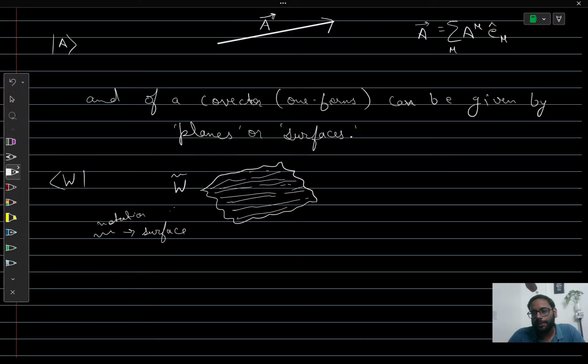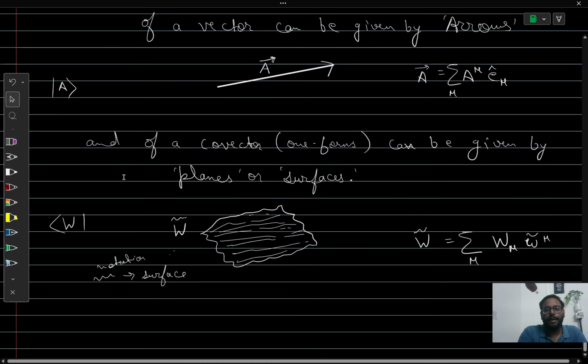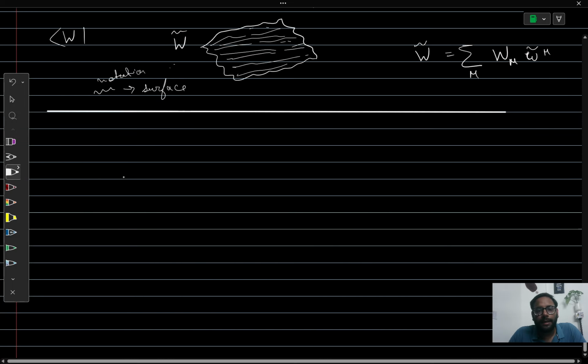So you can write it like this also, simply that mu with lower indices, and its basis will be given by this upper index. Okay, so this is how you can write it. Also now let's introduce one more thing, that is the inner product.